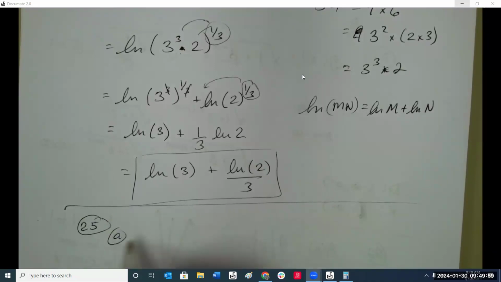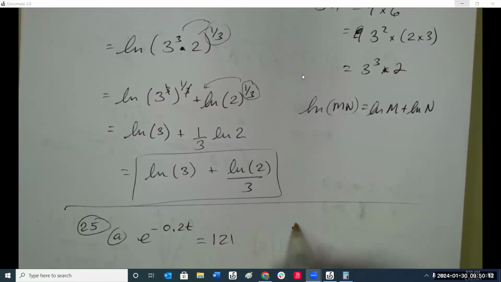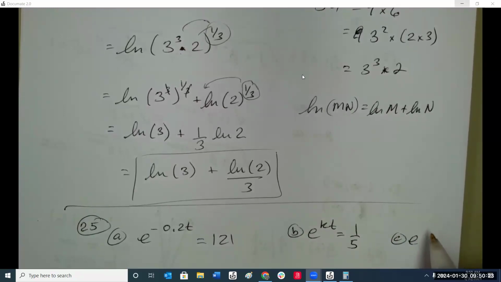Solve for t. e to the power negative 0.2t equals 121. e to the kt equals 1/5. e to the power ln 0.6t equals 0.8.